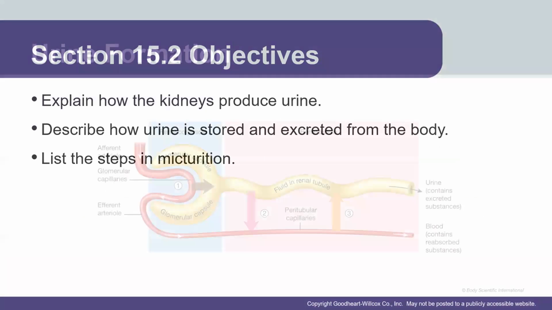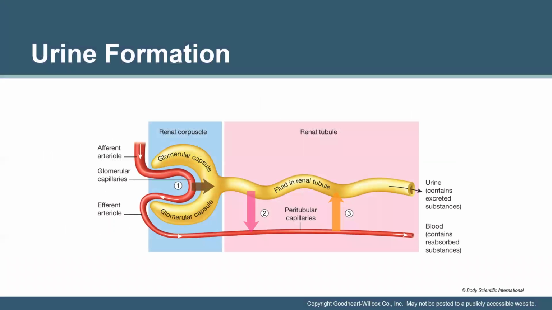So when we're talking about how the urine is actually formed, this is a simplified picture, but it's really helpful. We can see that we have blood coming in on the left side of the slide through the afferent arteriole, entering the glomerular capsule. This is, again, the renal corpuscle.